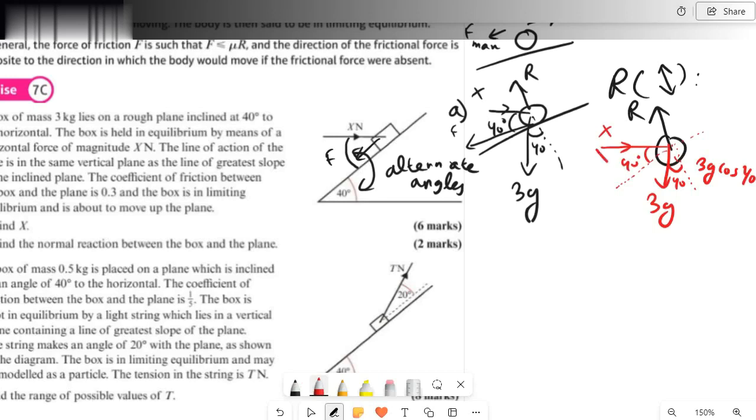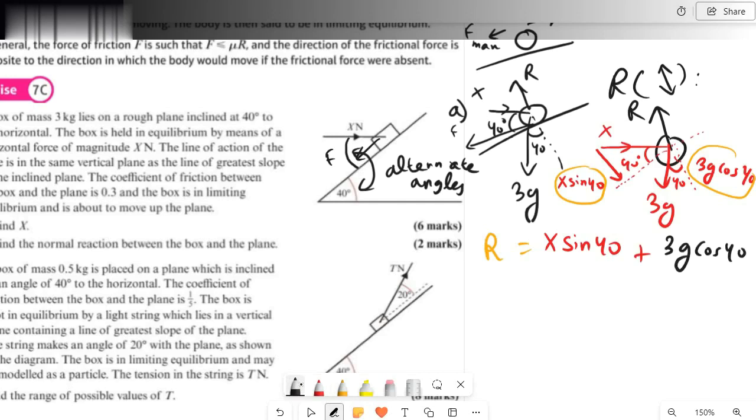Therefore the perpendicular component should be x sine 40, which is acting downwards. So R is going to be equal to this and this, because R is upwards and these two components of forces are downwards. So R is equal to x sine 40 plus 3g cos 40. And this is our expression for the normal reaction force.